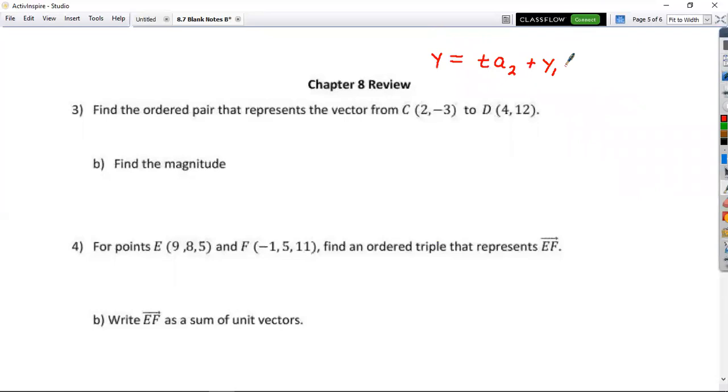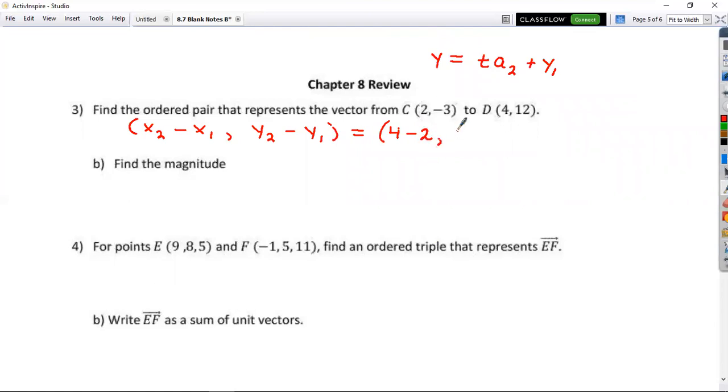So number 3 says find the ordered pair that represents the vector from C to D. So this is your formula that you did back on your quiz. You guys remember doing x2 minus x1 and y2 minus y1? So this is equal to x2 was 4, and minus x1 is 2.